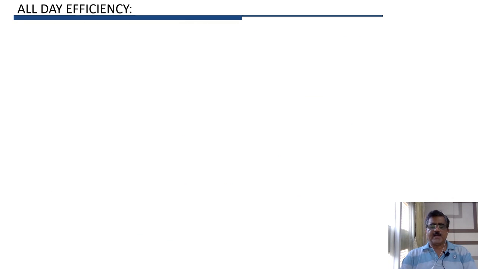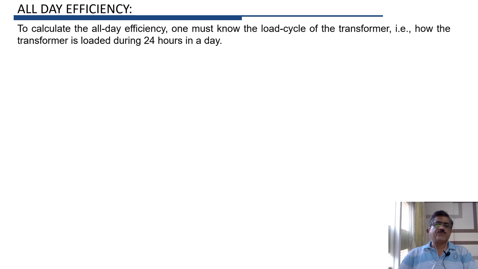We have seen that the load on distribution transformer is not constant, but it is variable, and therefore if you want to calculate the all day efficiency of distribution transformer, then you must know the load cycle of the transformer.